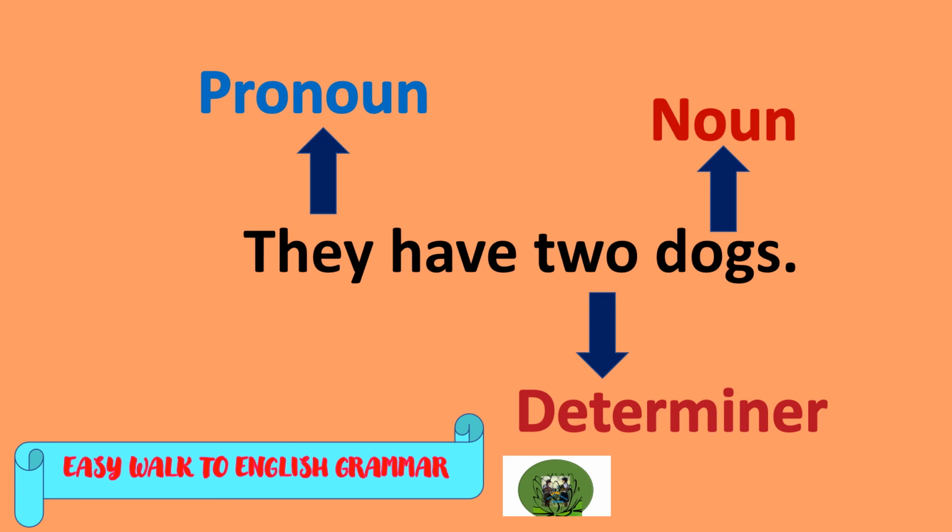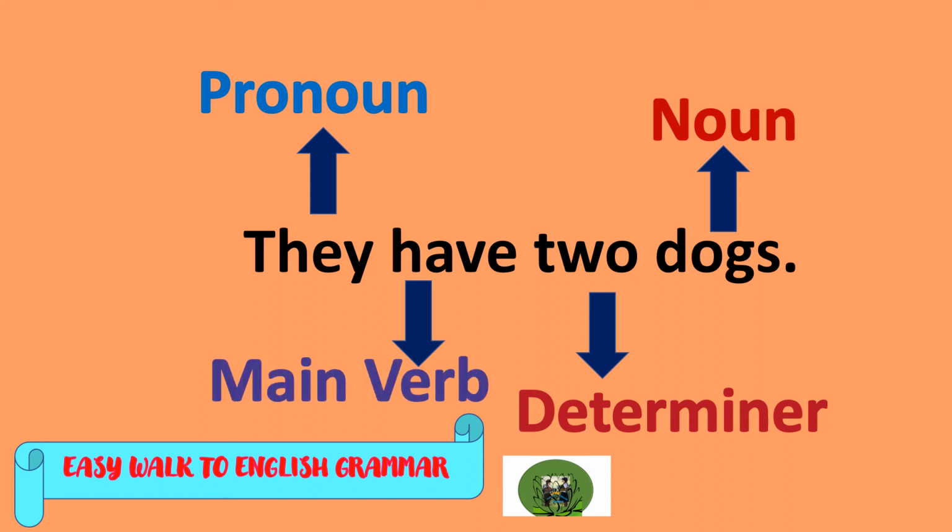To simplify what I told now, we cannot construct a sentence without a verb. And we dissected all other words. We found out all other words, then what's a verb in this sentence? Of course, it's have. And as there is no other verb in this sentence, it is the main verb.